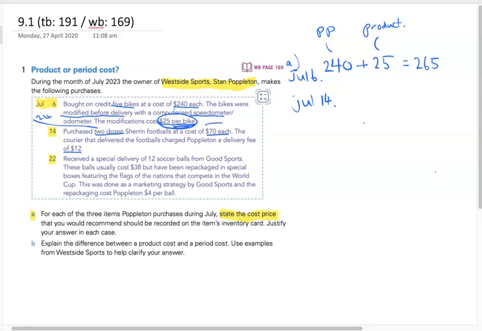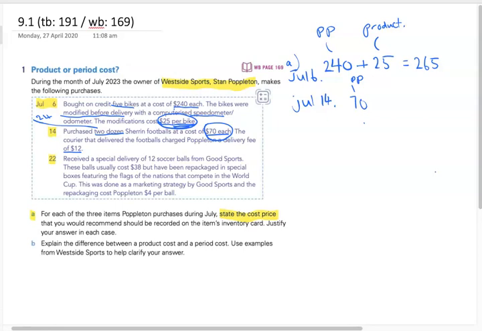Clearly, that was $70. So we know to start off with our purchase price was $70. Now we have to think about, is there any other cost to get the footballs into the condition or location ready for sale? Have we modified the footballs?